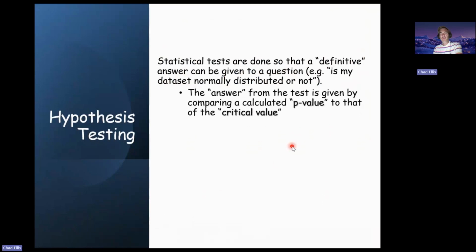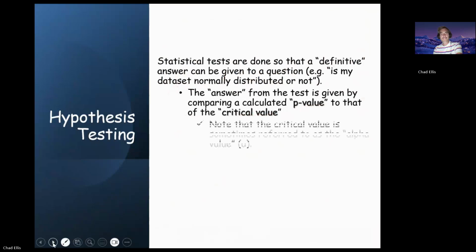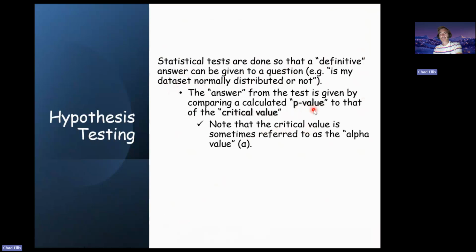So there's a couple ways that we can do this. And the main way we're going to decide whether to retain the null hypothesis or reject it is by comparing that p-value that we saw in the tables there to what's known as a critical value. Just note that the critical value we're comparing the p-value to is sometimes referred to as the alpha value.